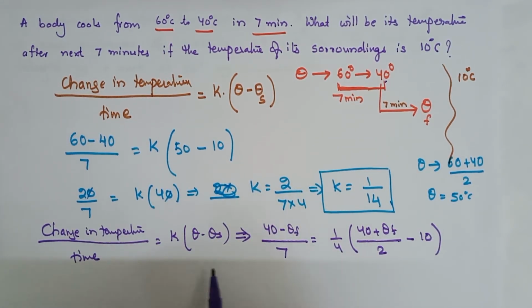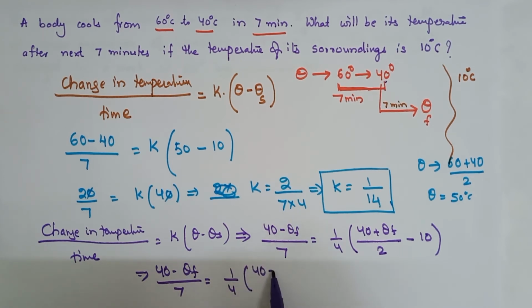So we make this 40 minus theta final by 7 is equal to 1 by 14 into 40 plus theta f minus 20 by 2.